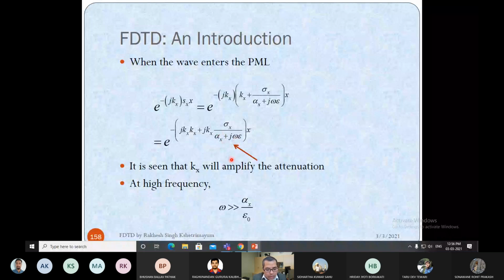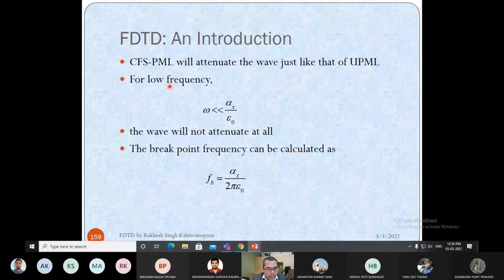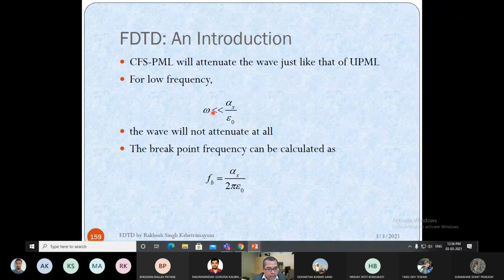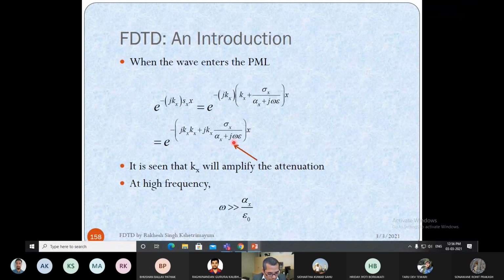So now let's look at the other way around. When you have a low frequency, this omega term would be tending to 0. Alpha x is a larger term now. So in that case, alpha x by epsilon 0 would be much greater than omega. In that case, what you observe is that the omega term is becoming 0. In that case, what you have is exponential minus jkx x, times exponential minus jkx sigma x by alpha x x.